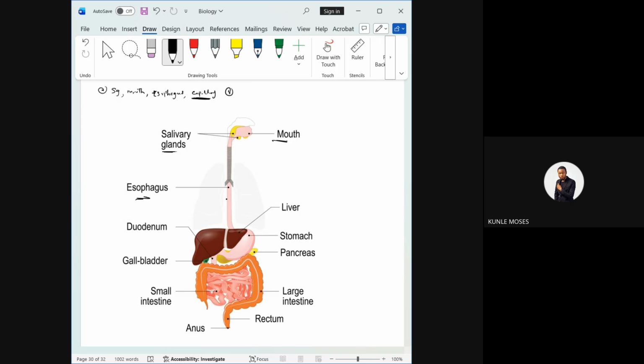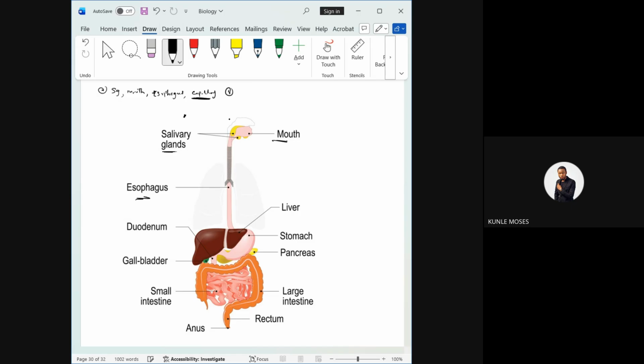Please look at it in case they ask you. All of these organs are part of the digestive system, except. So basically, we have about, is it not 14 or 12 digestive organs?